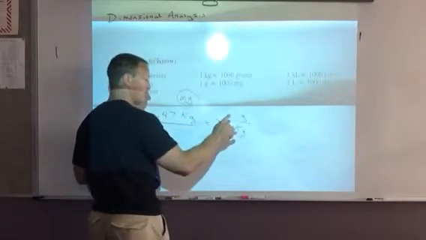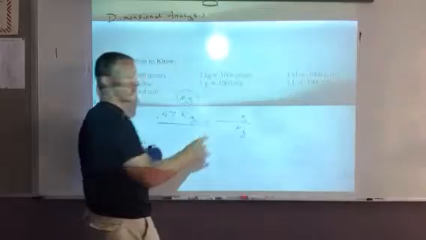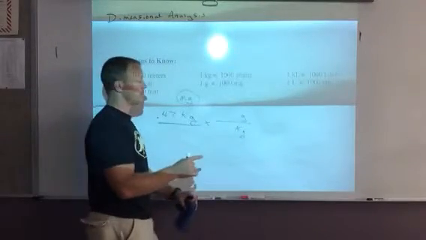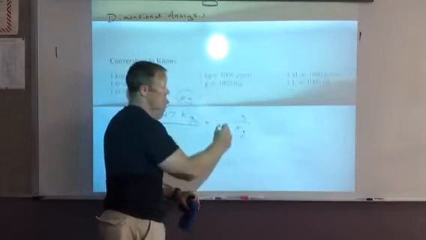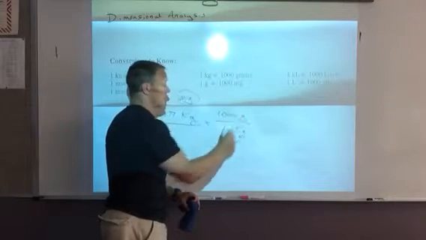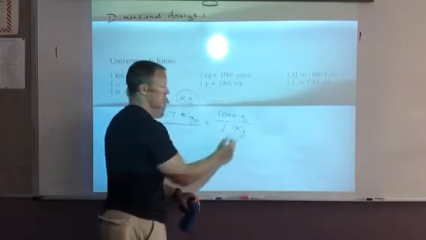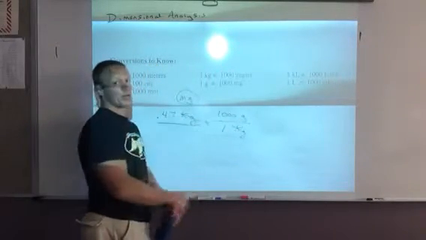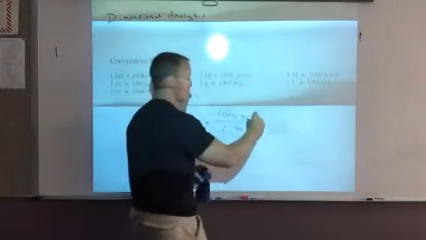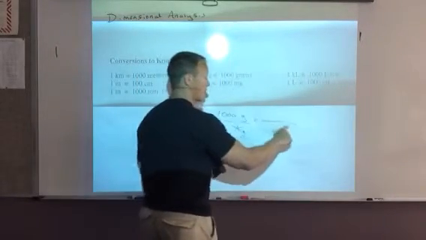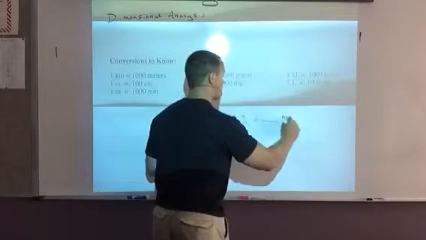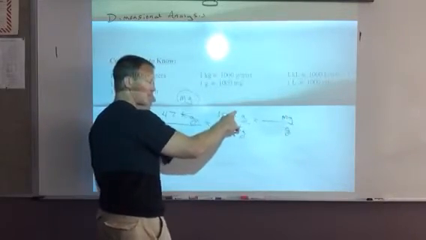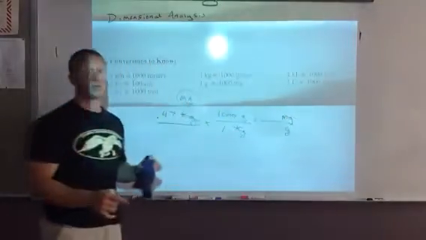My conversion is always from something that's not base to base. So we're always going to a base unit because that's a conversion you know. You know that every kilogram is 1,000 grams. Kilograms cancel the kilograms. If I multiply those right now, I'd be at grams, but I want to get to milligrams. So I've got to do another conversion. Grams goes in the bottom, milligrams on top. So I went from kilograms to the base unit to milligrams.